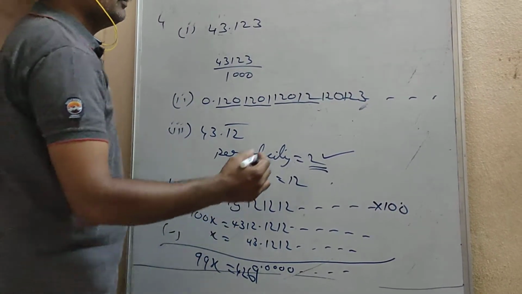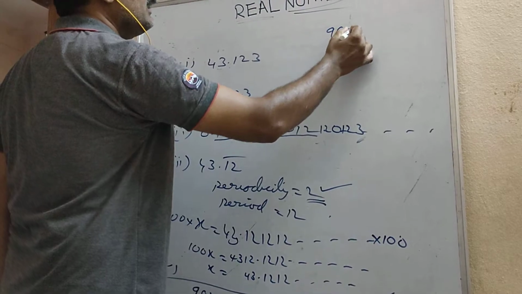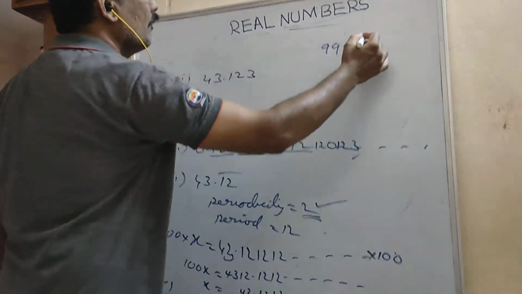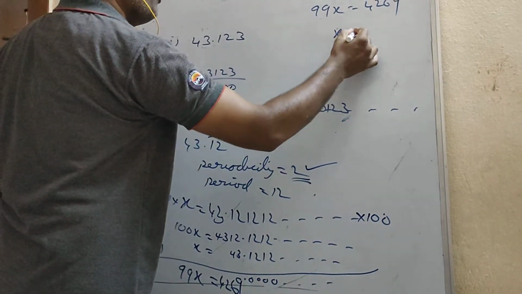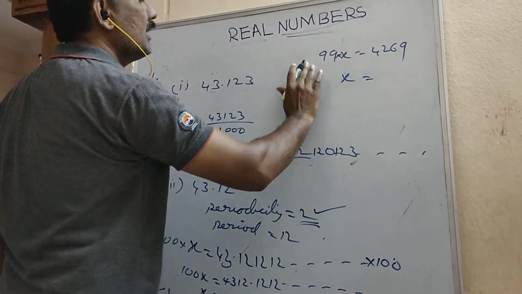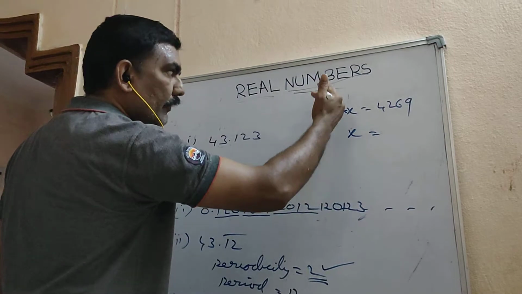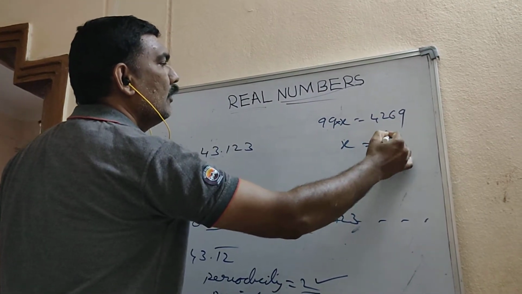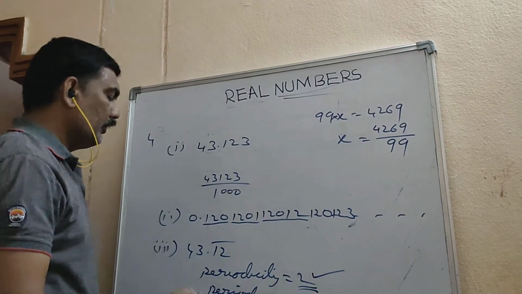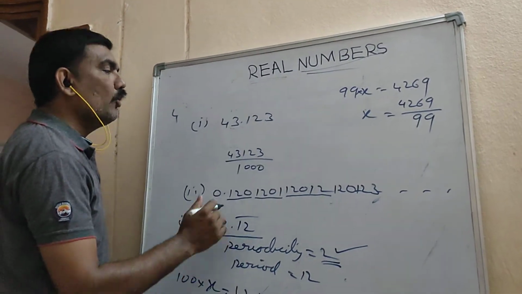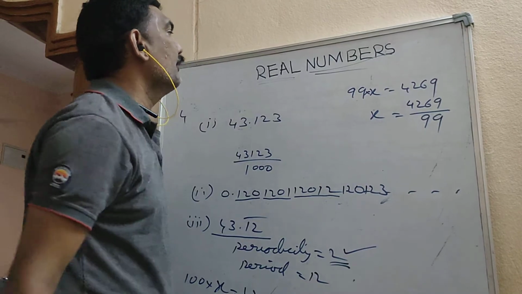So you got 99x is equal to 4269, and to make x the subject, this 99 is multiplying x. If you bring 99 to this side, 4269 by 99. You express 43.12 bar in the form of p by q.